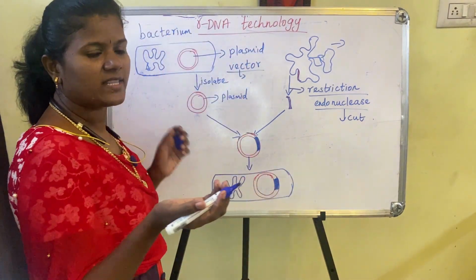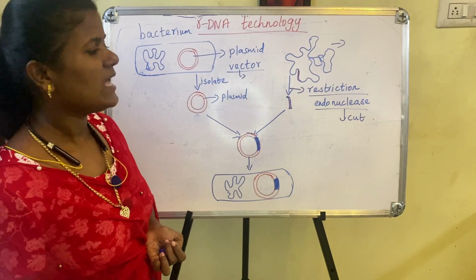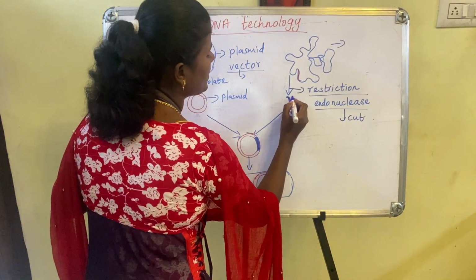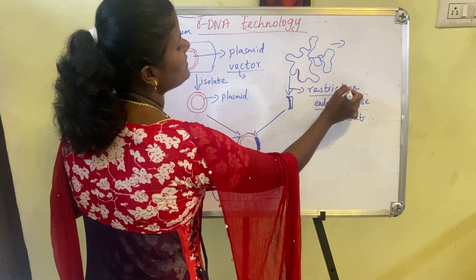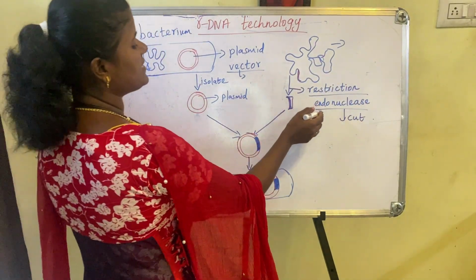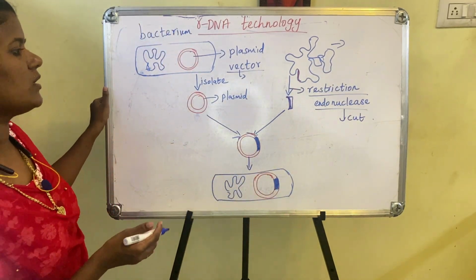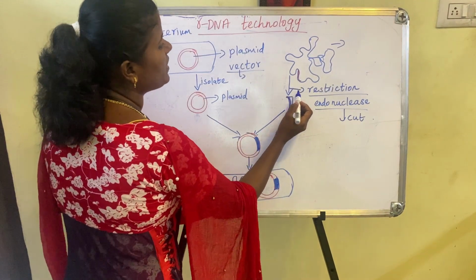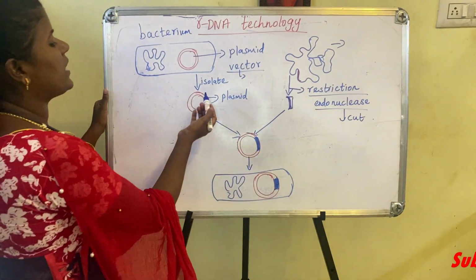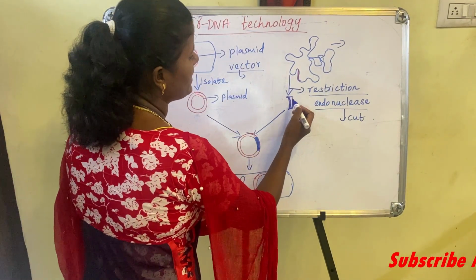If we want to cut things, we use a knife, scissors, etc. Like that, if we want to cut the DNA, we should use the restriction endonuclease enzyme. Okay, now we isolated the plasmid and cut the DNA.